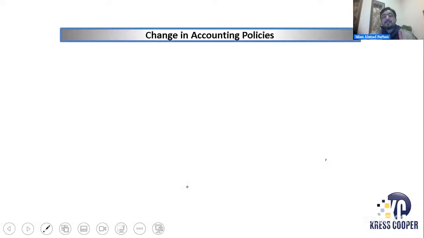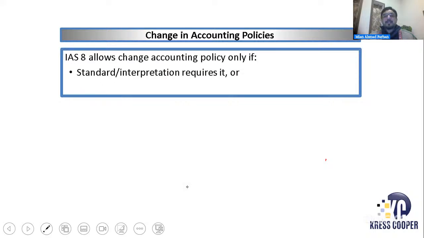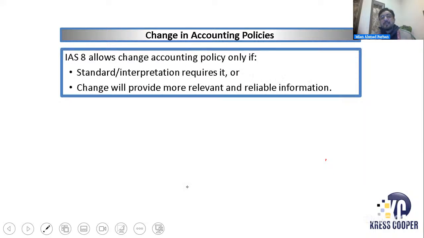The question arises: if it is this much emphasized that an accounting policy once adopted should not be changed, then why is this standard talking about the change in accounting policies? Yes, this is a very important area. There could be certain circumstances in which the policy change will take place.